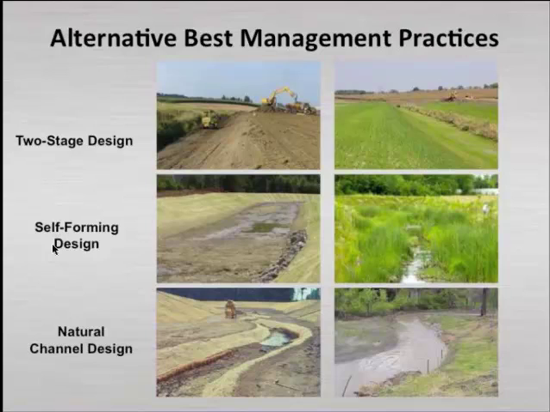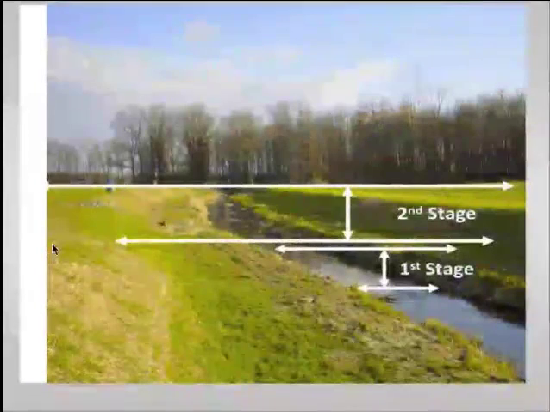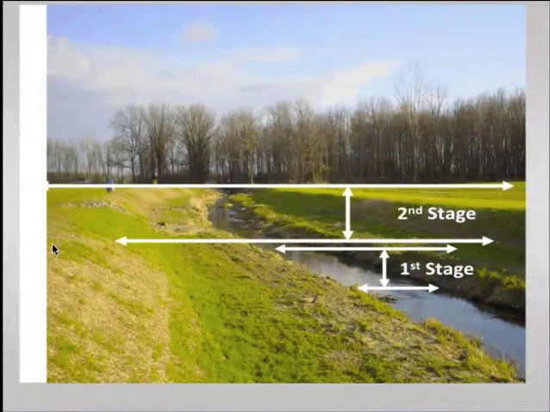This might be a pretty good approach if a channel is subject to incising, because you get some great control. Also, if you're looking for a lot of habitat features, perhaps you want to improve some sort of biological community, adding some of that substrate may get you there a little quicker than some of the other methods. But all of these actually come with trade-offs, and I'll identify some of those later.